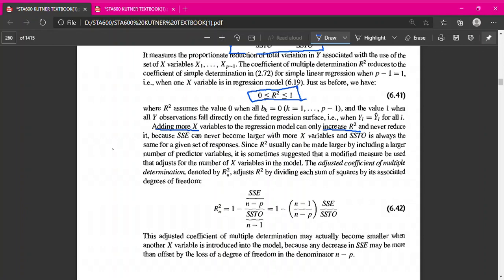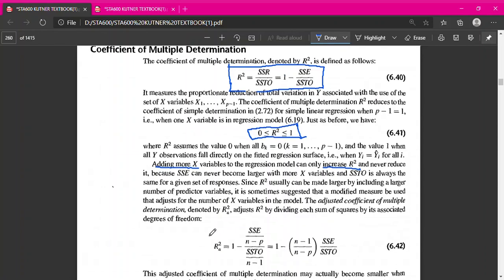Kalau you try buat, bila you masukkan beberapa X in your model, gunakan data yang sama, SST will be equal, tetapi SSE will be never become larger. Will be sama ataupun lower. Okay, so because of that, dikatakan bila add more variable, bila X bertambah, R square will be increased.